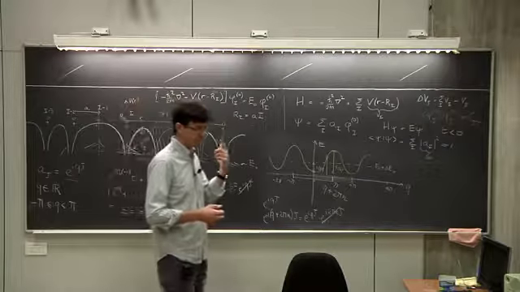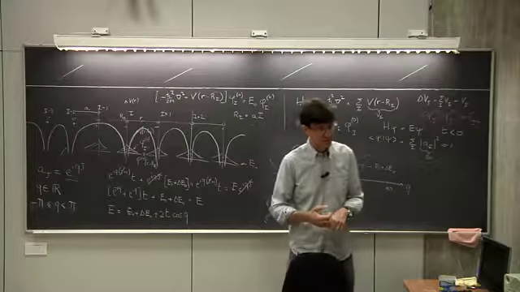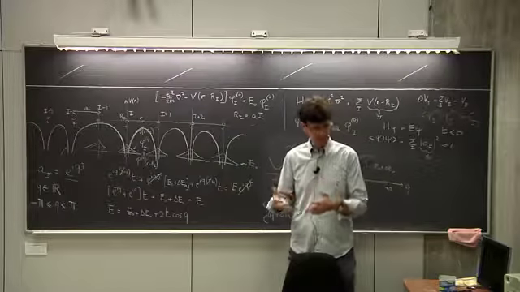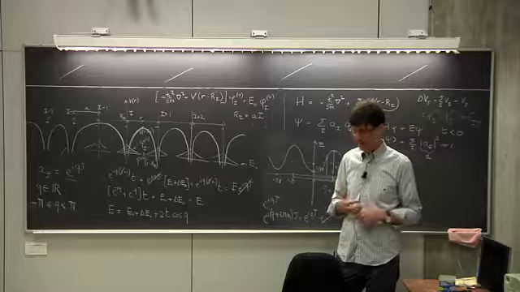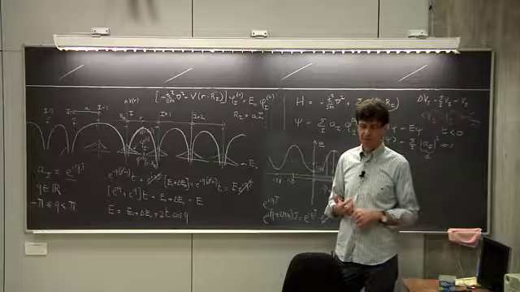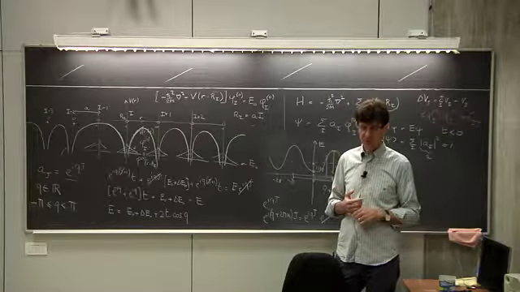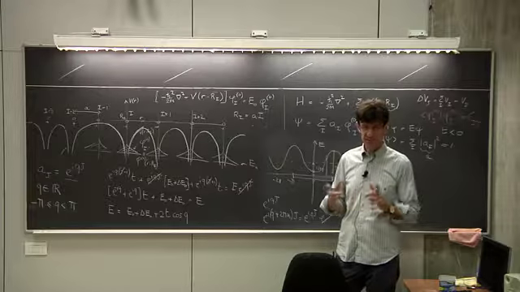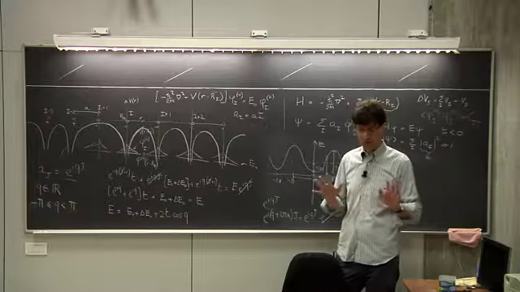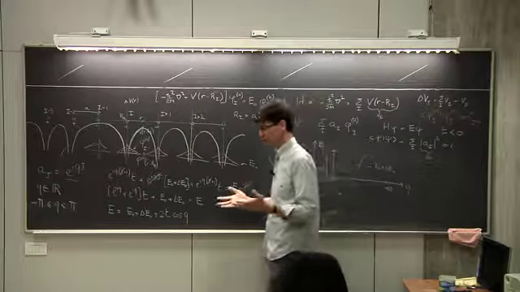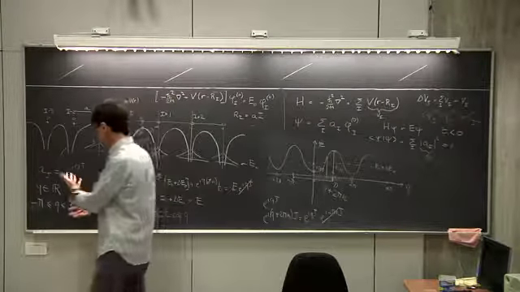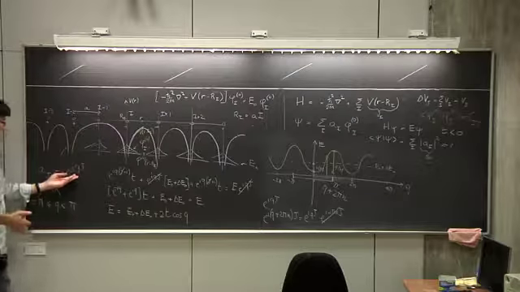You've probably seen Bloch's theorem already in some form, right? You probably remember that Bloch's theorem doesn't state that wave functions are periodic. It states something else. Wave functions don't have the periodicity of the underlying lattice. This is an example: this wave function is not periodic.